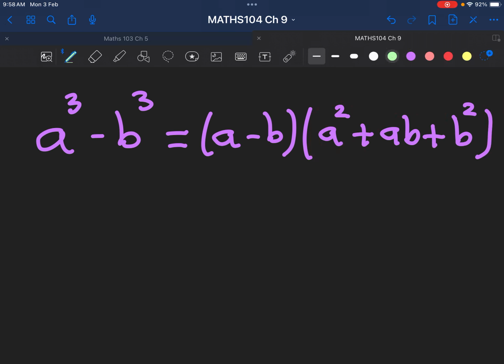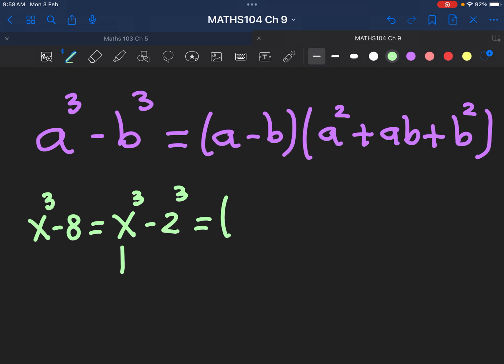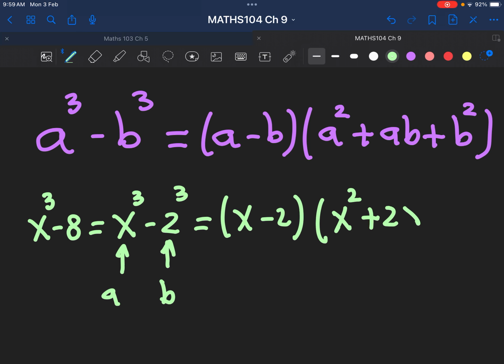Now, what this has to do with our question: we have x cubed minus 8, and remember, 8 is just 2 cubed. So this will be a, this will be b. Now, if we apply the formula, this is x, this is 2, we get x minus 2, and then we have x squared plus 2x plus 4.